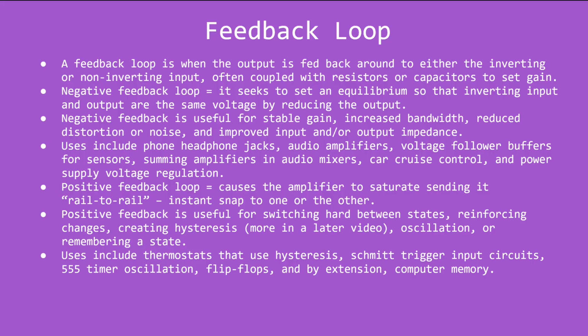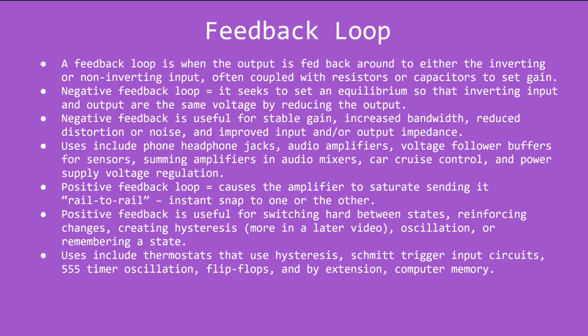On the other hand, we have positive feedback loops, which cause the amplifier to saturate, sending it rail to rail, an instant snap to one extreme or the other, well, at least as far as the model allows. And of course, positive feedback is when we feed it back around between the non-inverting input and the output.